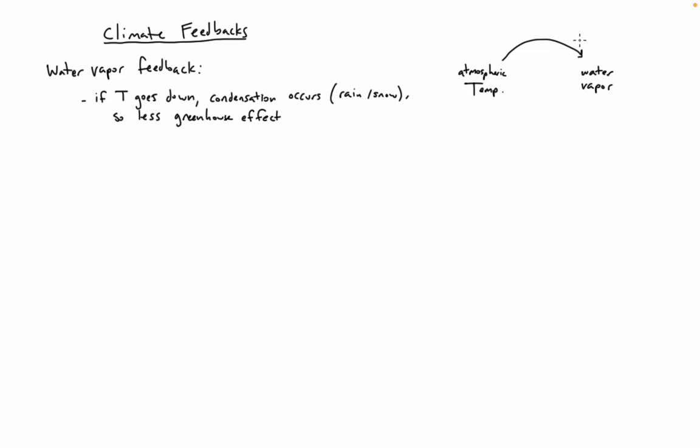What am I going to put, a plus or a minus sign here? Okay, that is a positive, right? So one thing goes down, it causes the other to go down. I could have talked through this the opposite way and said, okay, if temperature goes up, then condensation goes up. Okay, that's what we mean by a positive feedback.